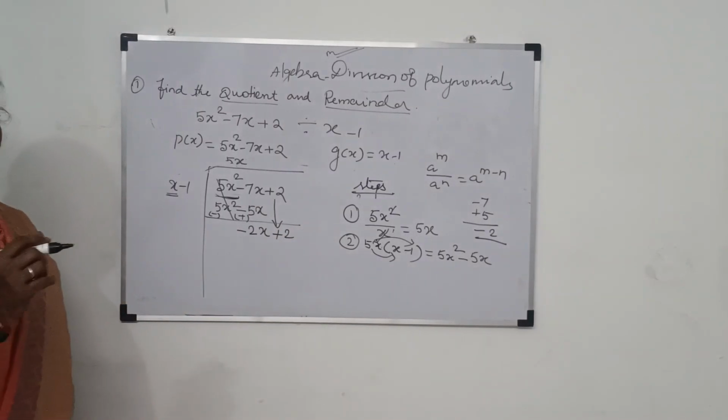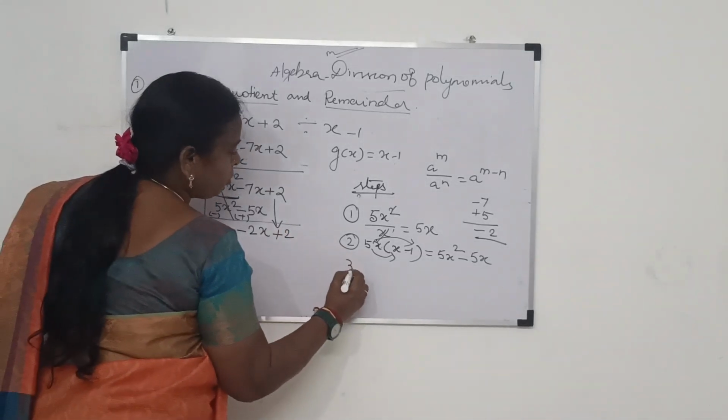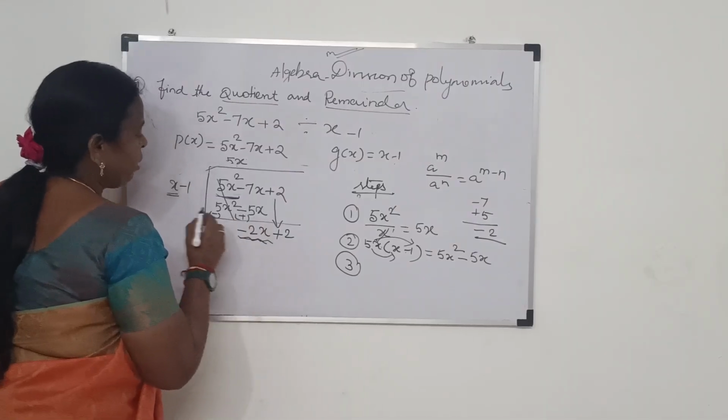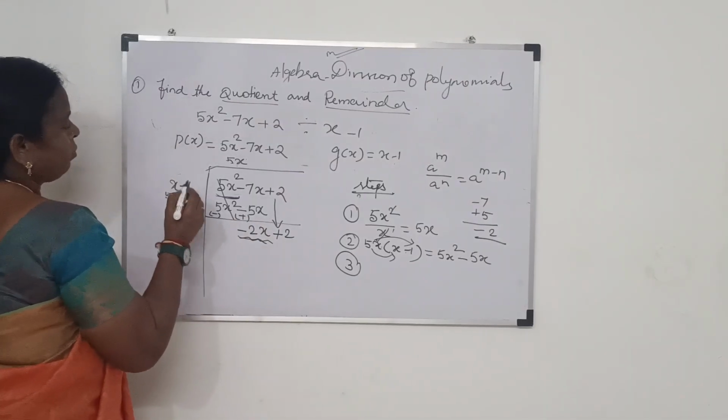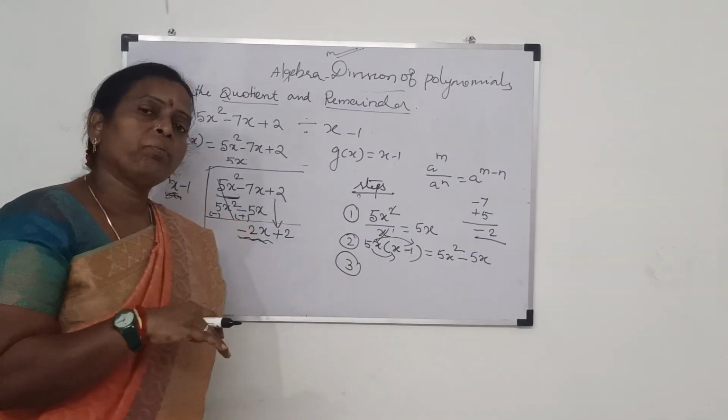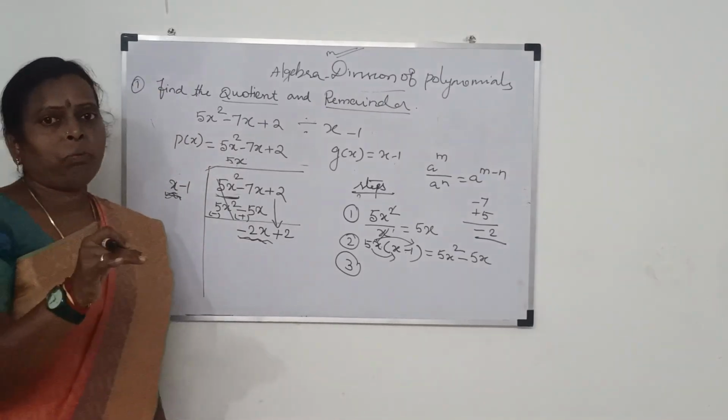Okay, the third step. Again you have to take this first term and this first term. This is the common procedure when dividing a polynomial by another polynomial.